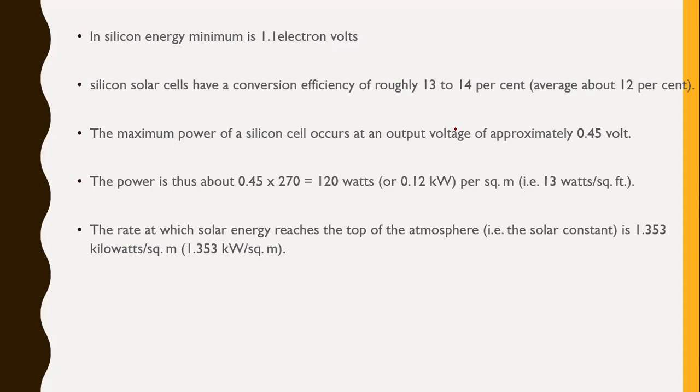For gallium arsenide, the NP homojunction can be formed from thin films of polycrystalline material, and high conversion efficiencies with concentrating collectors have been developed in cells using a combination of gallium aluminum and gallium arsenide. So, as we discussed, conversion efficiencies can be improved with the combination of gallium aluminum and gallium arsenide.